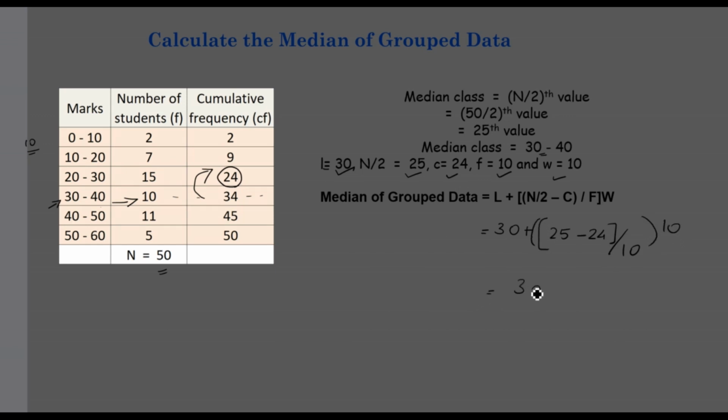So this looks like 30 plus 1 by 10 into 10, where we can cancel the 10. So the median value is 30 plus 1, 31. This is the way to find the median of grouped data.